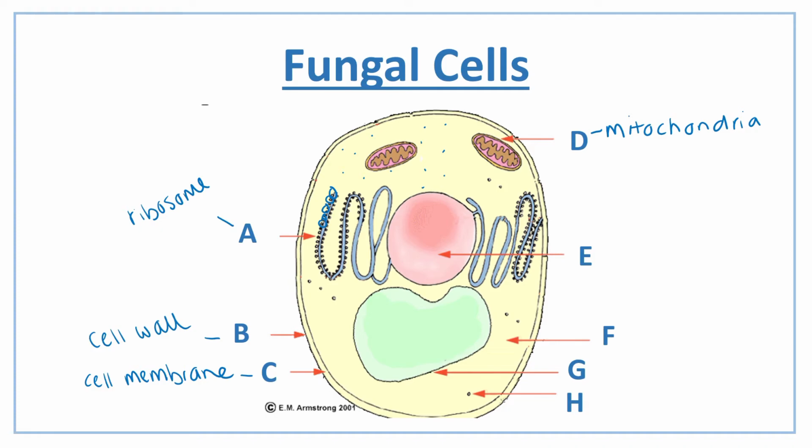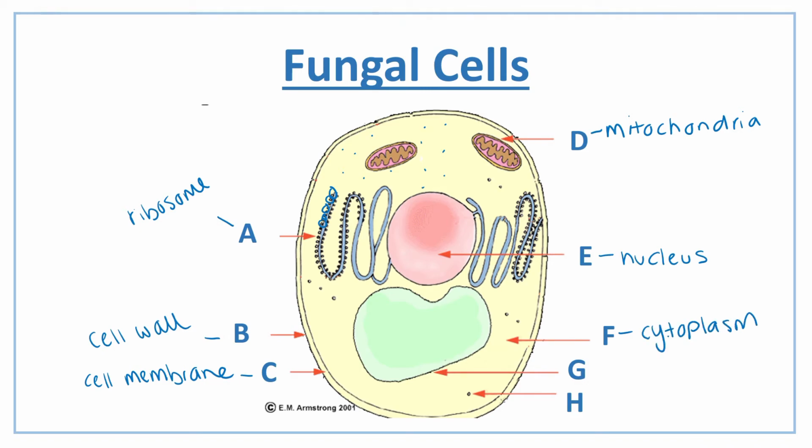And you may have noticed that in the last cell, the bacteria cell, there was no mitochondria. So bacteria cells do not have mitochondria. They are only found in fungal, plant and animal cells. E is our nucleus.